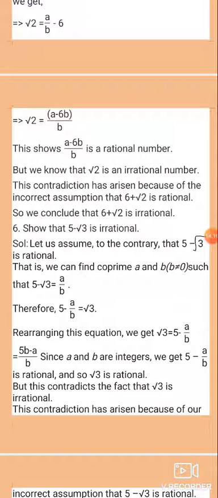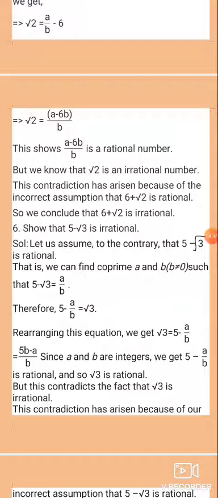When we keep minus root 3 on the right side, along with root 3 a minus sign is there. So to avoid minus root 3, we move minus root 3 to the right side and a by b to the left side. That is 5 minus a by b is equal to root 3.